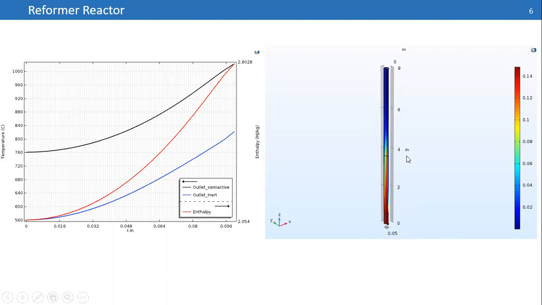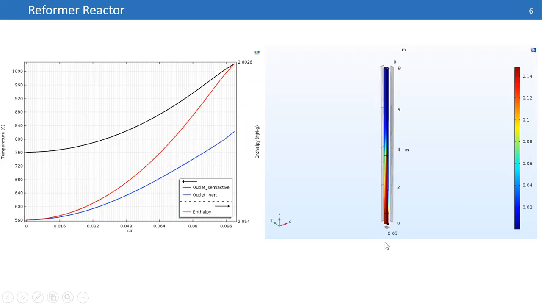This bed has different regions. The first region is for increasing temperature. There is an inert catalyst here, just to increase temperature to a specific temperature such as 650, to prevent undesired secondary reactions such as water-gas shift.